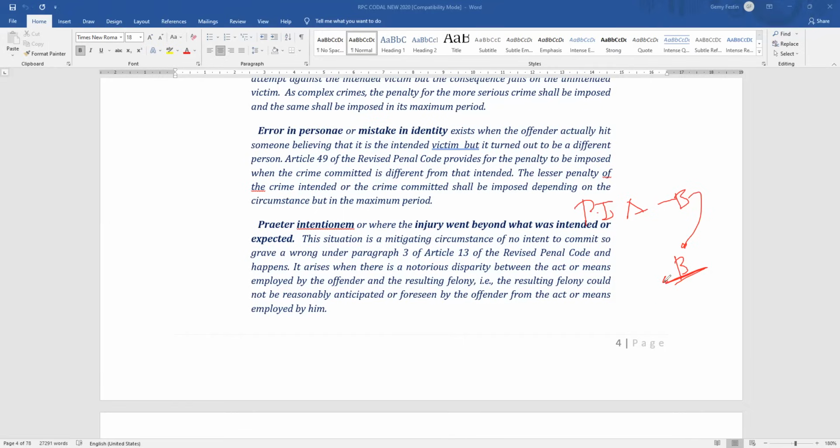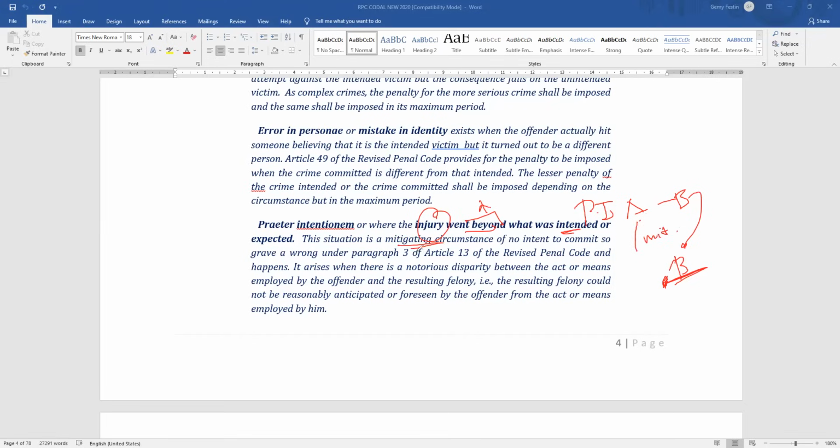Namatay si B. Tumama yung ulo niya sa pavement. So the injury is greater than or beyond that which was intended. This will result into what? A mitigating circumstance.